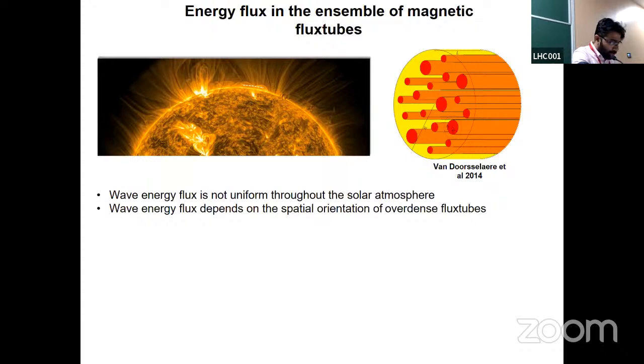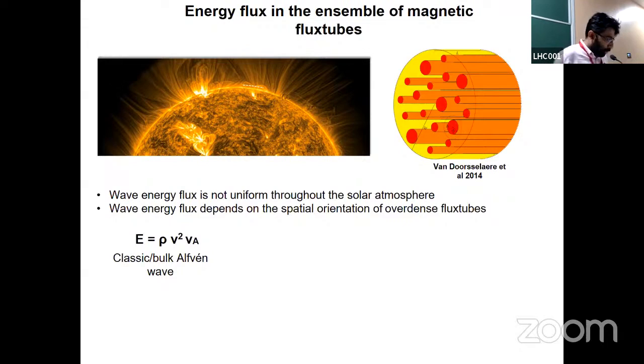Then the wave energy flux depends on the spatial orientation of these overdense flux tubes, as I said, because the wave energies are confined to these flux tubes only. So then people derived the relation for this depending upon how much volume is occupied by these flux tubes as a fraction of the total volume.